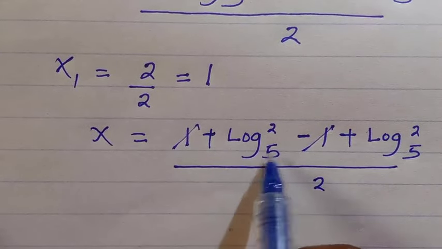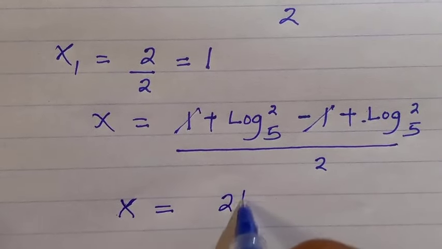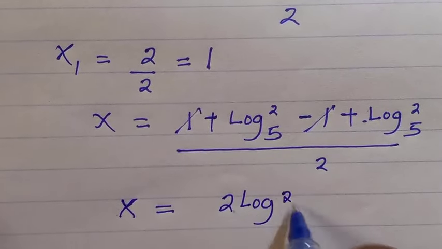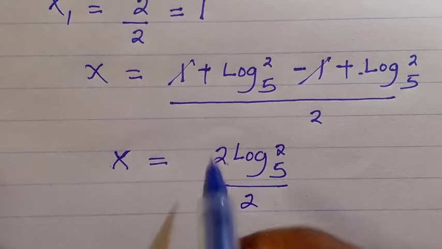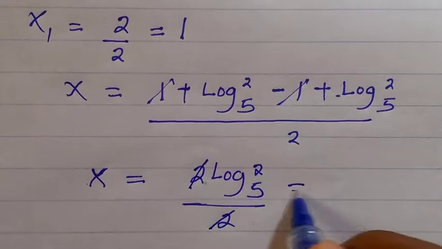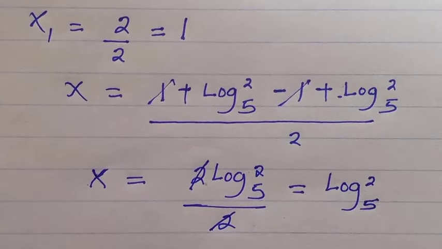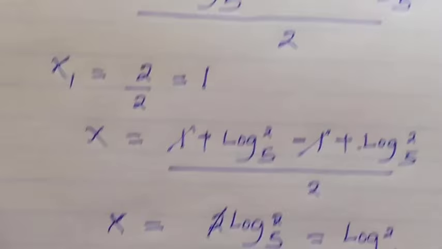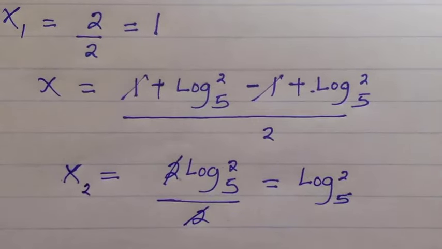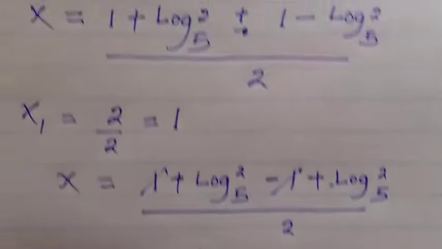Then log 2 base 5 plus log 2 base 5, we have it as 2 log 2 base 5 divided by 2. So 2 cancels 2, and we have x equals log 2 base 5. This gives the two solutions to x as x1 equals 1, and x2 equals log 2 base 5. So this is how to solve this problem.